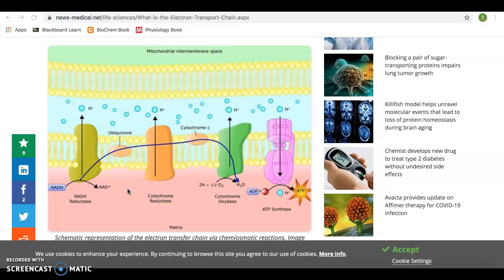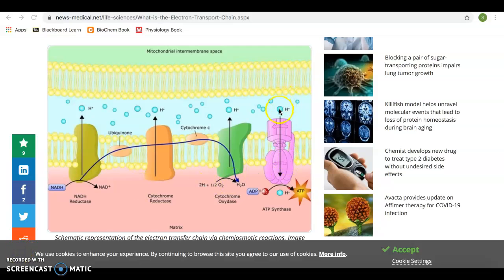And then eventually this makes a gradient where there are more hydrogens concentrated out here than there are in the mitochondrial matrix. And then this goes through our ATP synthase, which has quite a complex mechanism.